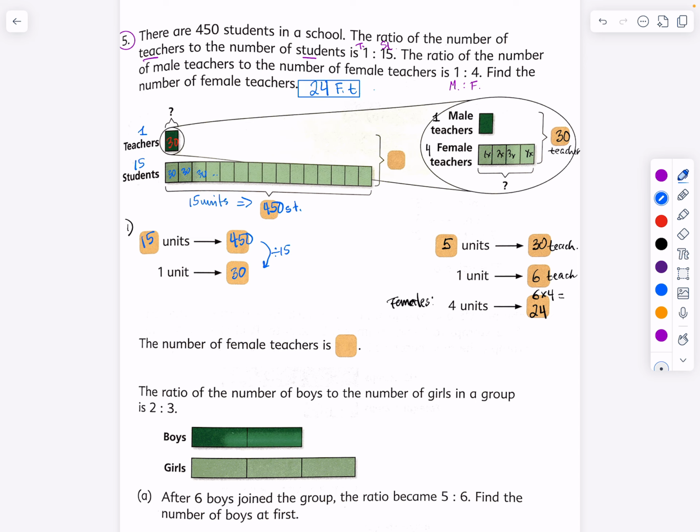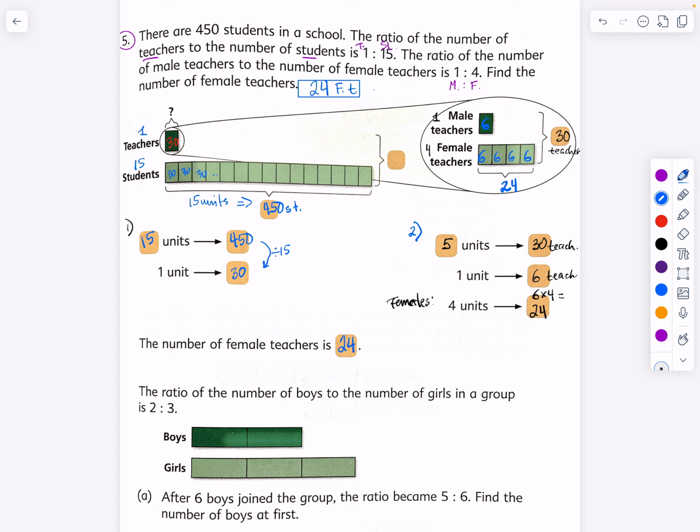Again, this problem was very easy to solve using bar modeling. Let's label here 6, and let me clean this up a little bit. 6, 6, 6, 6 teachers inside each unit. So this was our step number 2. The number of female teachers is 24.